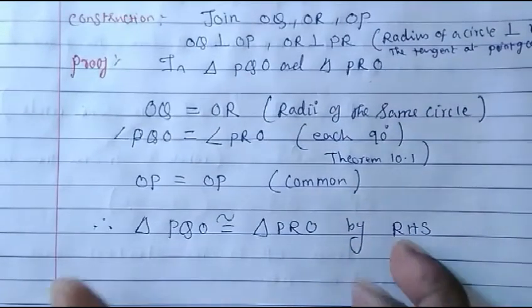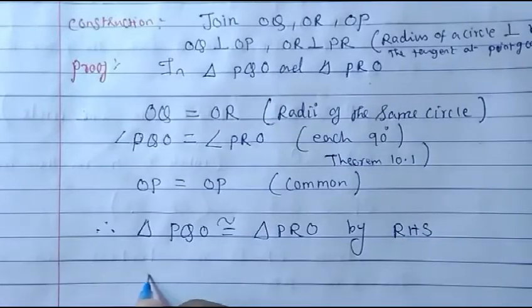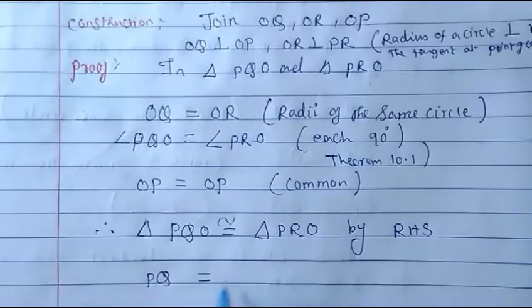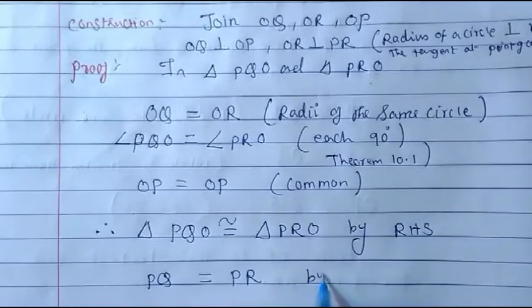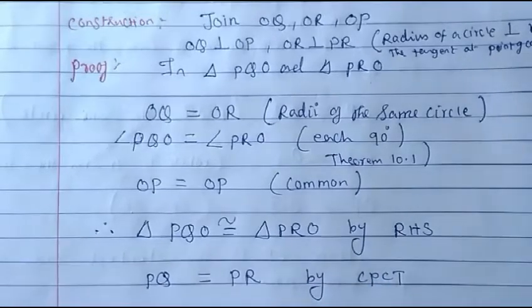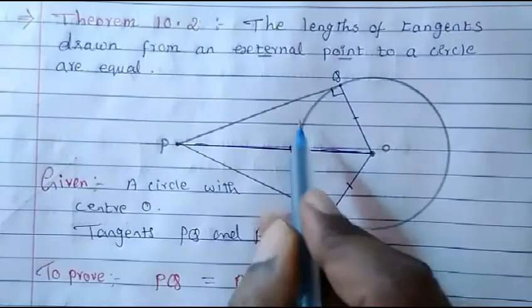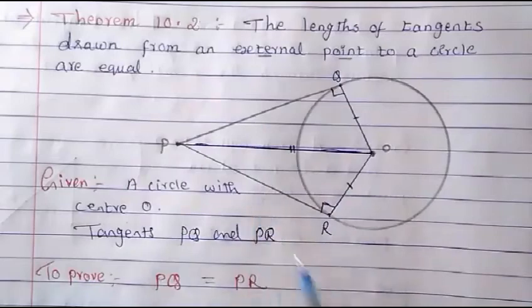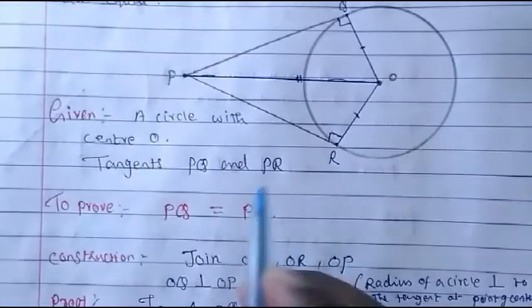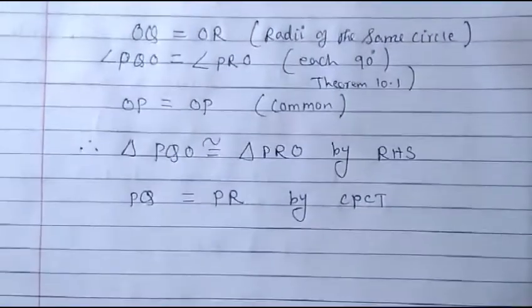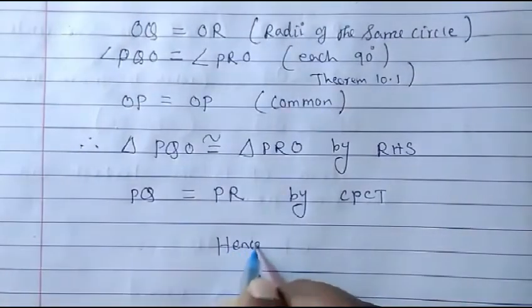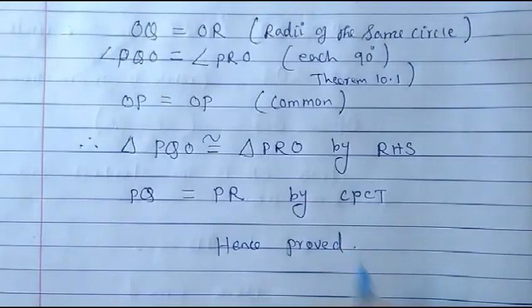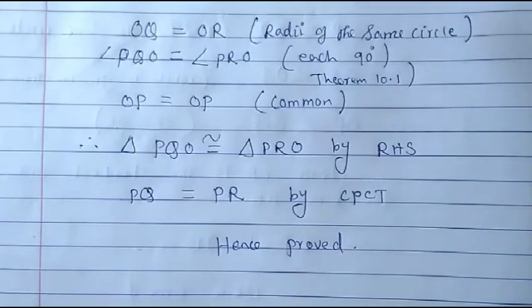Since both are congruent, PQ will become equal to PR by CPCT, because they are the corresponding parts of the congruent triangles. So hence we have proved what we had to prove, that PQ is equal to PR. Hence proved the theorem. Is it clear? It's very easy. Thank you and God bless you.